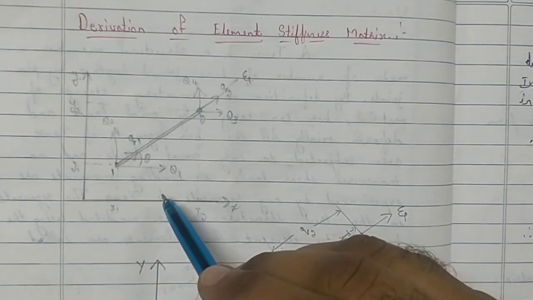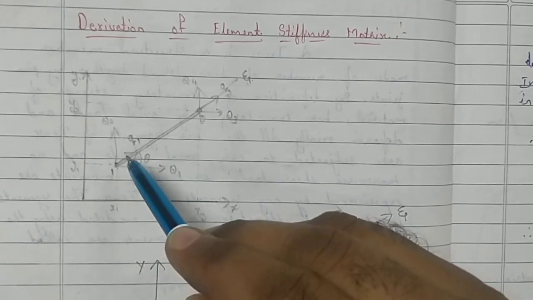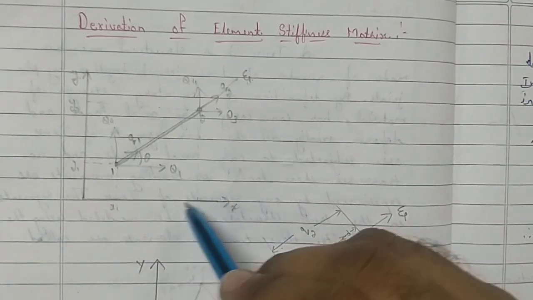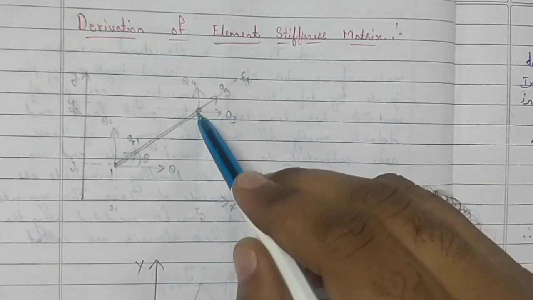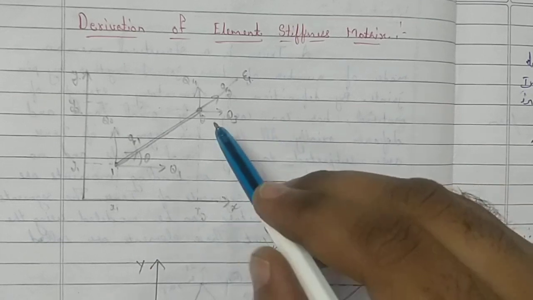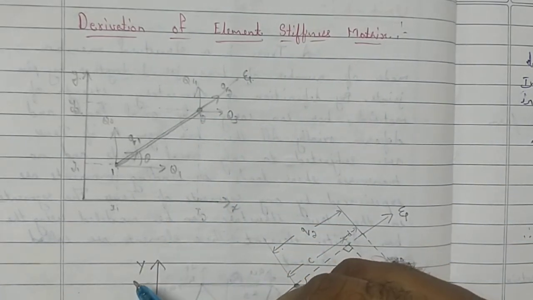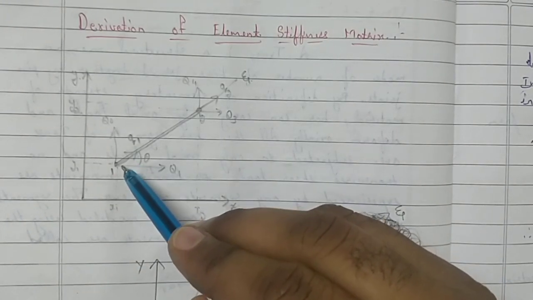Okay, and the displacement at each node, since it's two-dimensional: displacement at node 1 is q1 and q2 in the global coordinate system, that is with respect to x and y, and displacement at node 2 is q3 and q4 in the global coordinate system. Apart from the global coordinate system, there will be a displacement even in the local coordinate system. What is the local coordinate system?